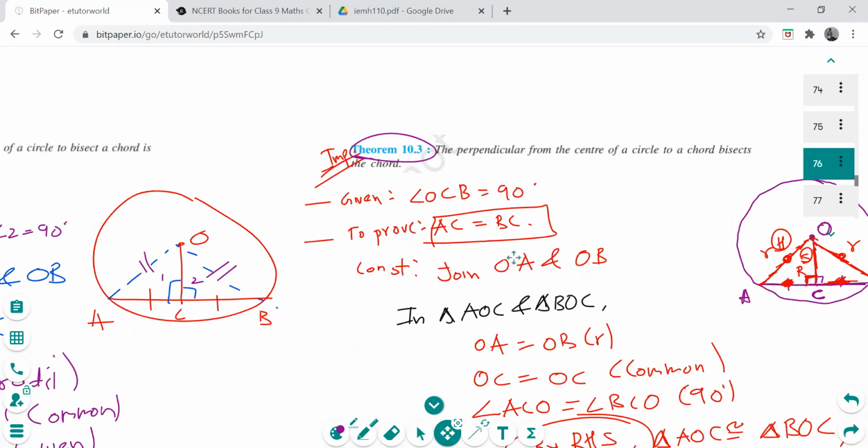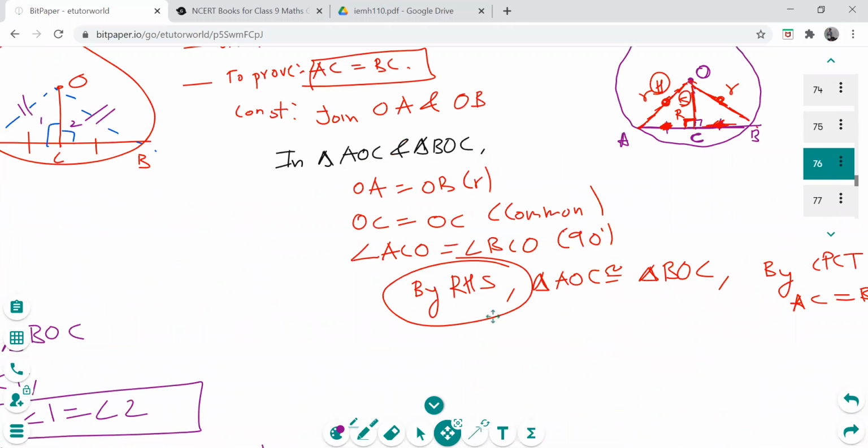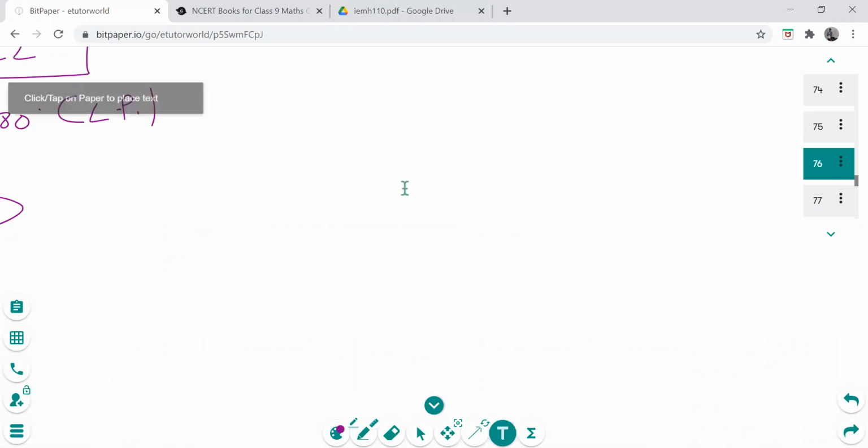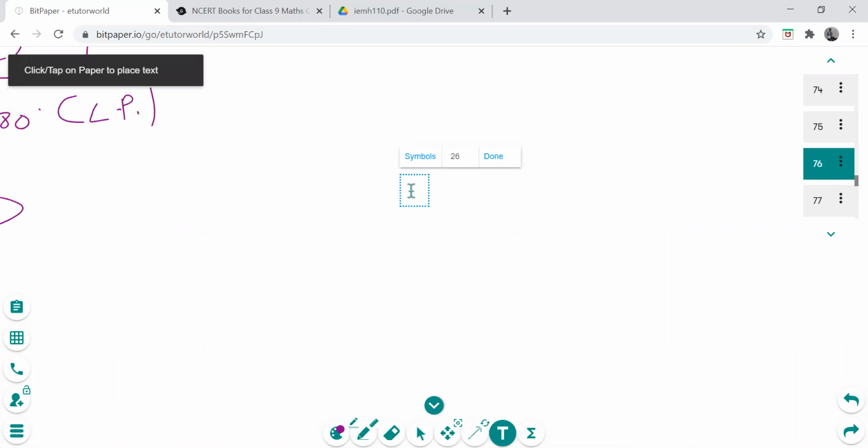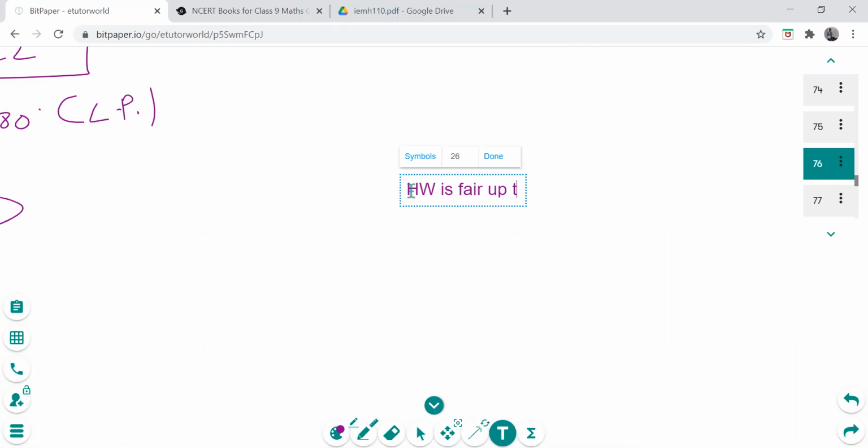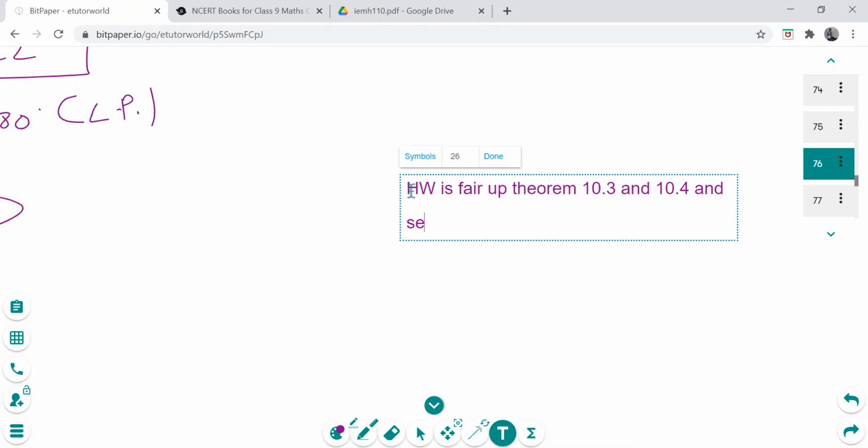So today's homework is to make a fair copy of theorem 10.3 and 10.4, and send it to me, only to me. Okay, so that's your homework.